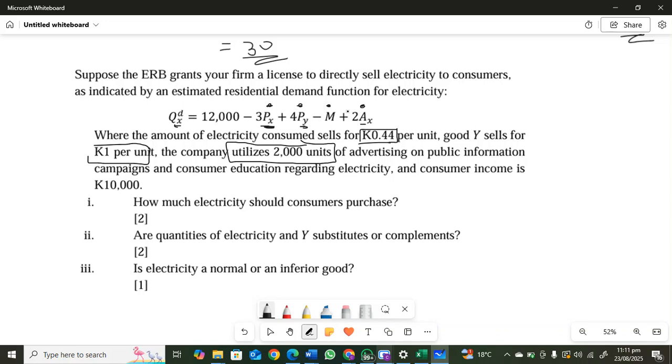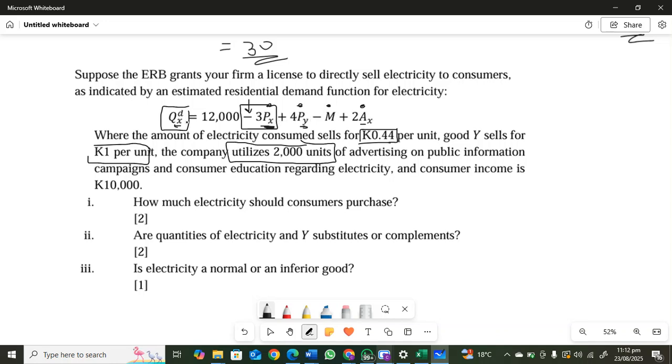How do we know how they affect demand? Just look at the signs in front of each of these variables. If we look at the relationship between the quantity demanded and negative 3PX, the price of the good, because of this minus sign, it tells us the law of demand, which says there's an inverse relationship between the price of a good and the quantity demanded of the good, ceteris paribus, meaning holding these 3 other factors constant.